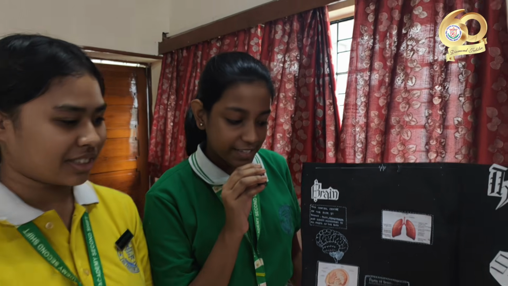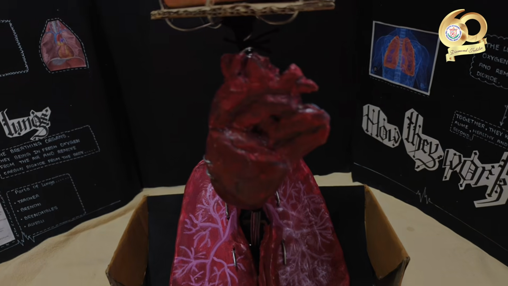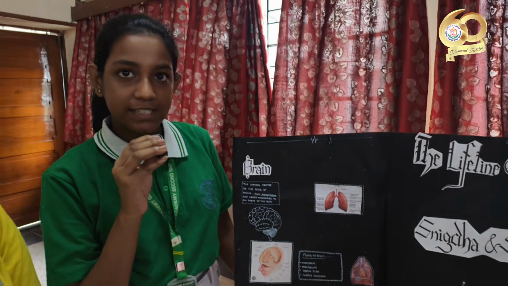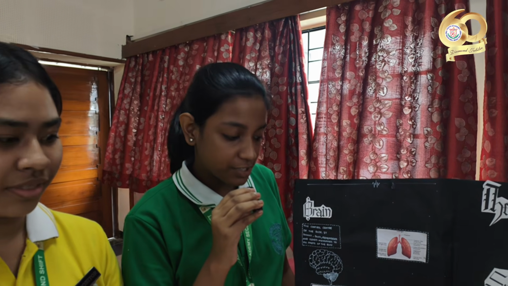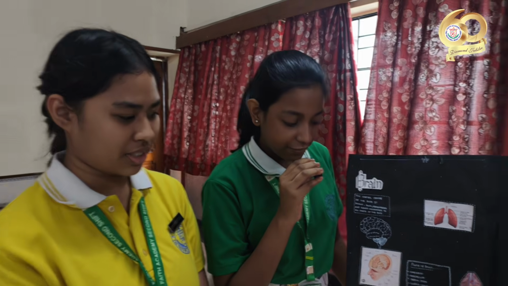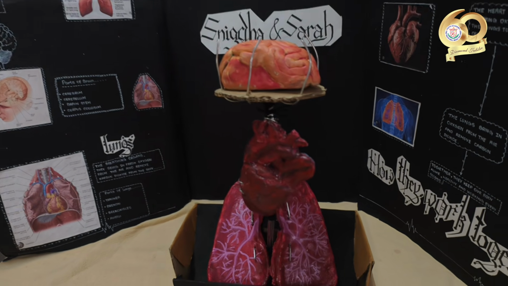Now, I'm going to explain the heart. The heart is a muscular organ the size of a fist, and it has four major chambers. It is involved in pumping blood to the entire body. The four chambers are right ventricle, right atrium, left ventricle, and left atrium.